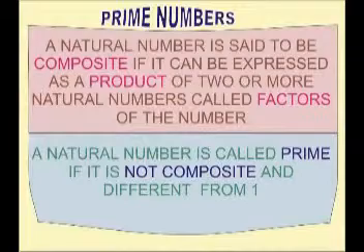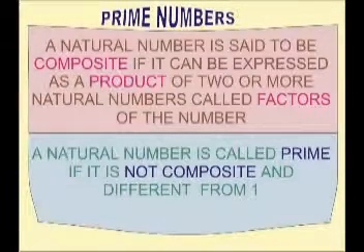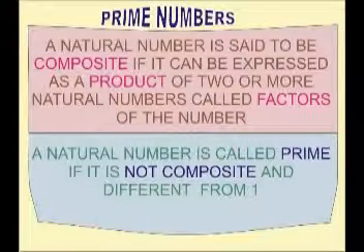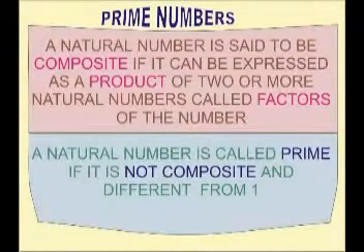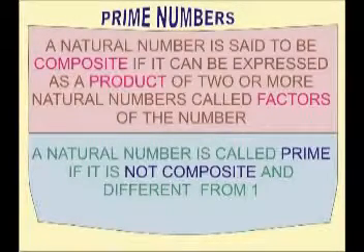Prime numbers. A natural number is said to be composite if it is different from 1 and can be expressed as a product of two or more natural numbers called factors of the number. A natural number is called prime if it is not composite and different from 1.